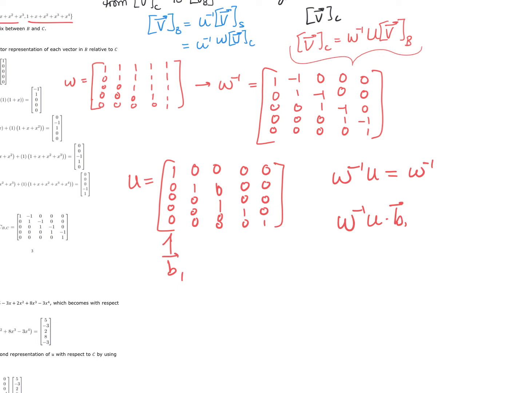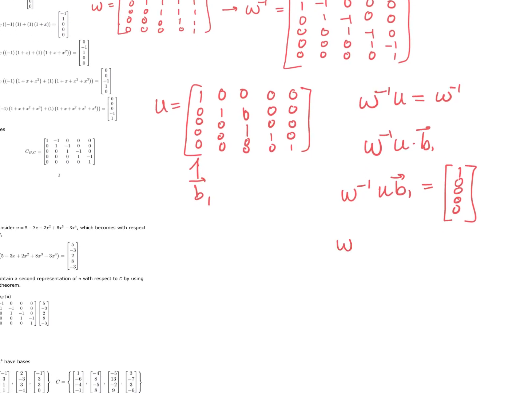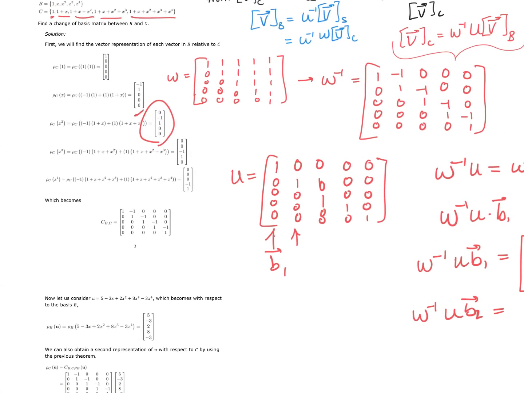When I do this multiplication, W inverse multiplied by U, which is the identity matrix, multiplied by my first vector, I'm going to get exactly the same thing as I did before when I did my linear combinations. And then W inverse U, which is the identity matrix, B sub 2, which is this column, gives me the exact same thing as I got there. Excuse me, this one here.